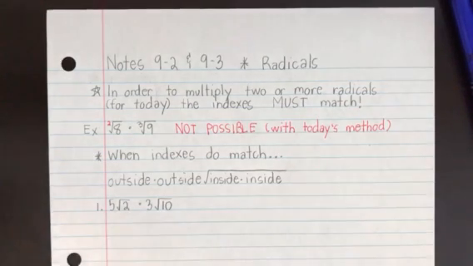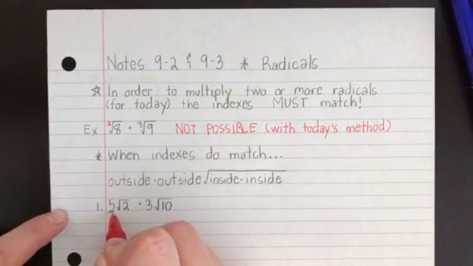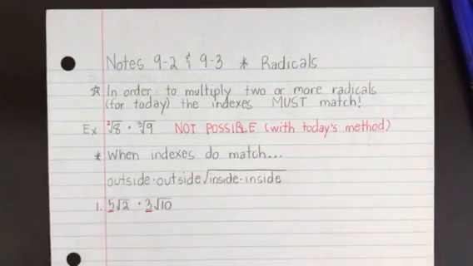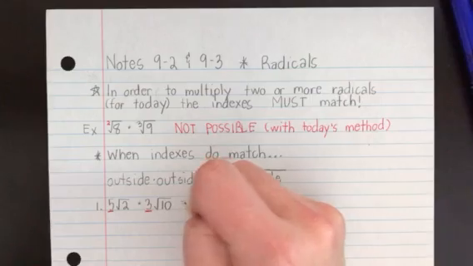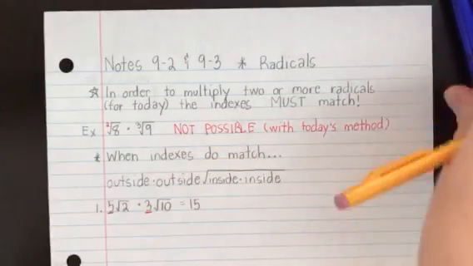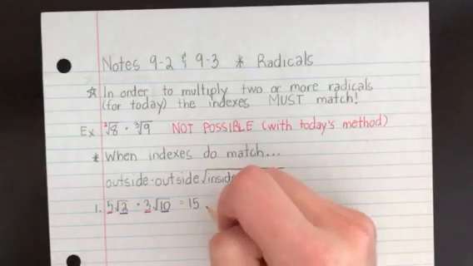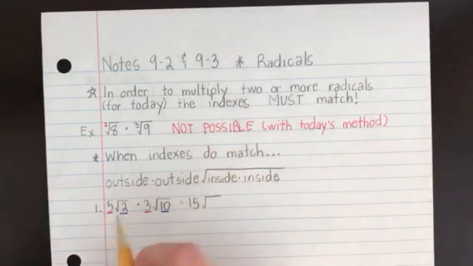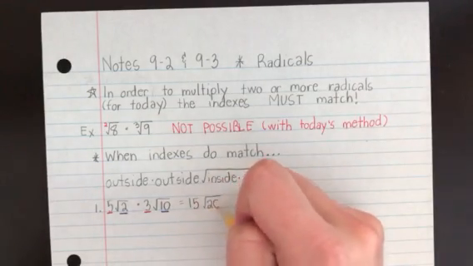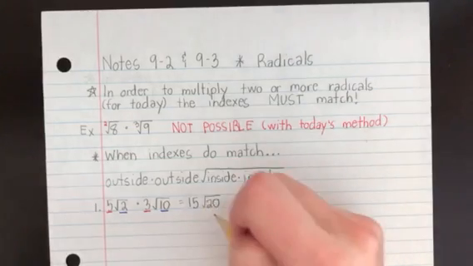For example, 5 square root of 2 times 3 square root of 10: you take the 5 and the 3, multiply them to get 15, then take the 2 and the 10 and multiply them. So 15 square root of 20. Then you try to simplify if possible.